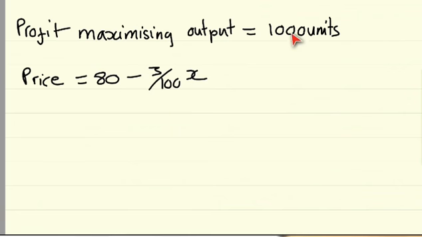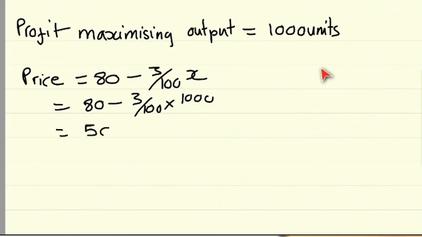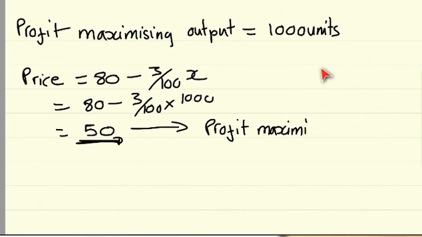But I now know my x. My x is this 1000 units. So if I substitute 1000 in this price function, it will be 3 over 100 times 1000. That will be 50. So this becomes my profit maximizing price.